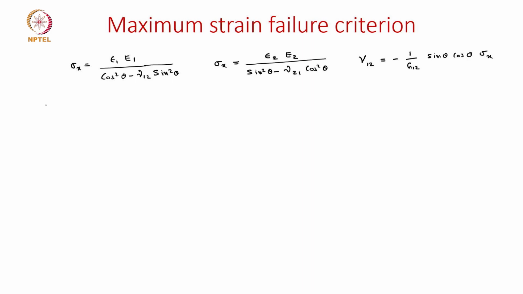In the limiting case, I can replace epsilon 1 with epsilon x t. But mind you, how can we write this strain? We previously said this strain is written in terms of the strength, xt by E1.